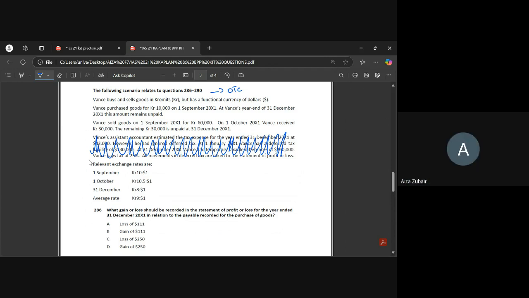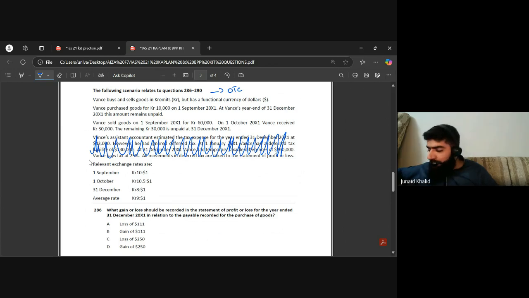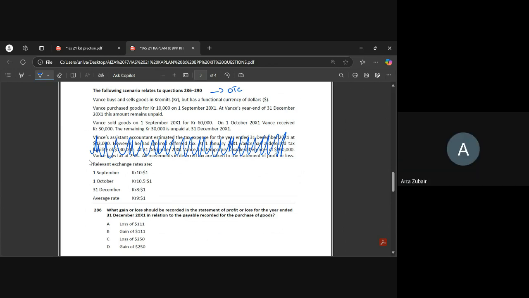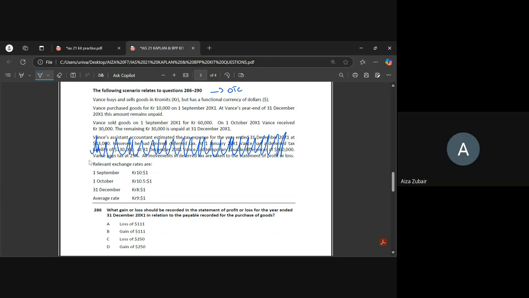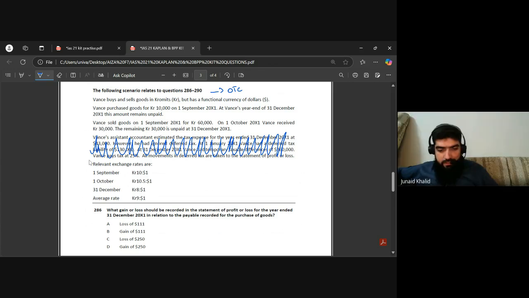Okay, date of reporting. Yes, it's 31st of December 2000, which is the date of reporting, right? Right. Can you please let me know which one is the transaction date? It's first September. Nice, very good.